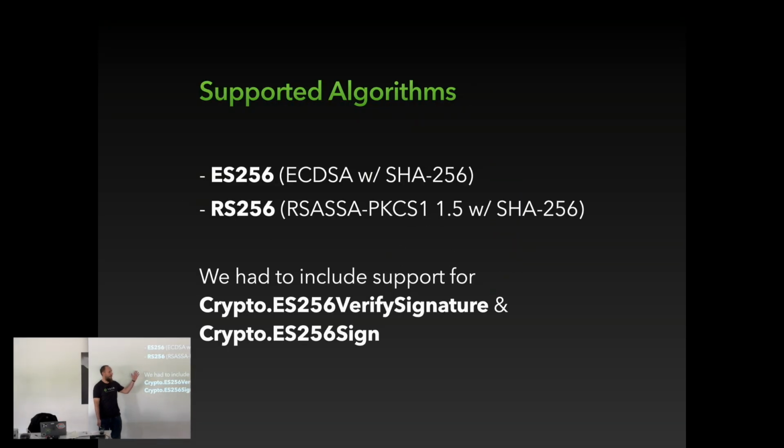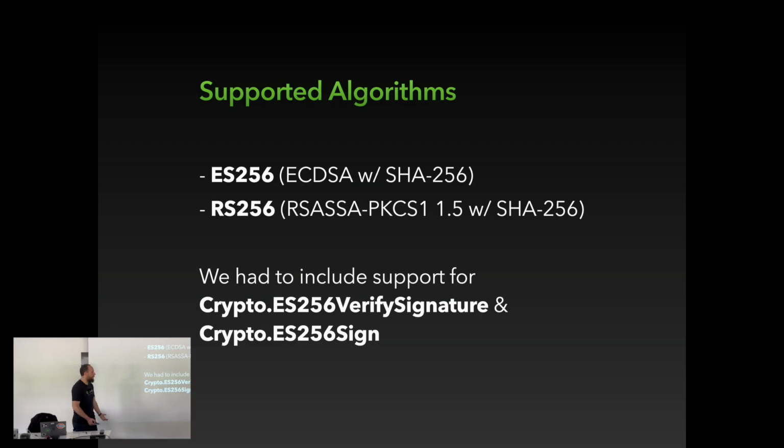We support the two main algorithms that are required to be passkey compliant, ES256 and RS256 as well. In order to support this, we had to add ES256 verify signature, and while we were there, we also added a way to sign requests using that algorithm.